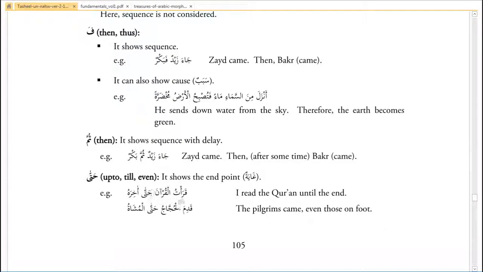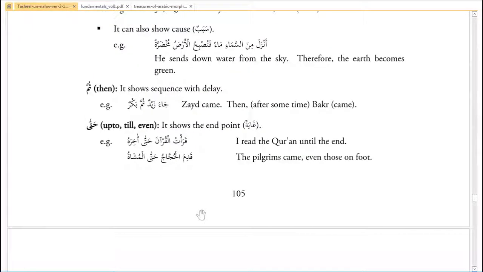Another example, قدم الحجاج حتى المشاة. The Hujaj came, even those who were on foot. Masha, those who were on foot.